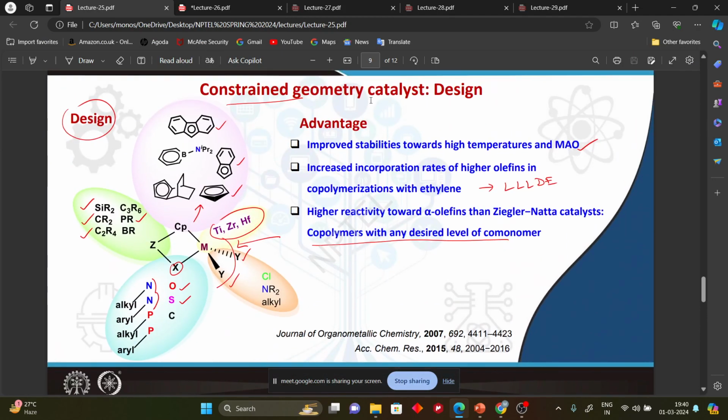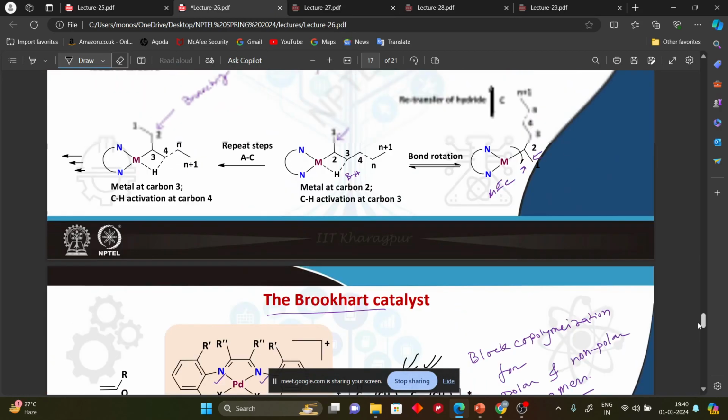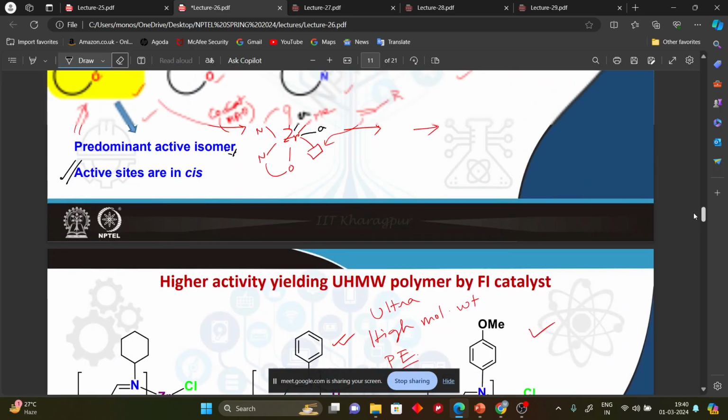Here you can see it's different types of properties and advantages and disadvantages. You can correlate that, and I think start according to this only.